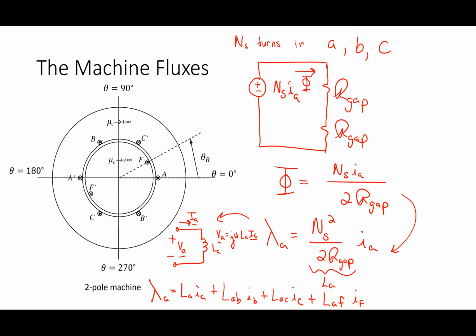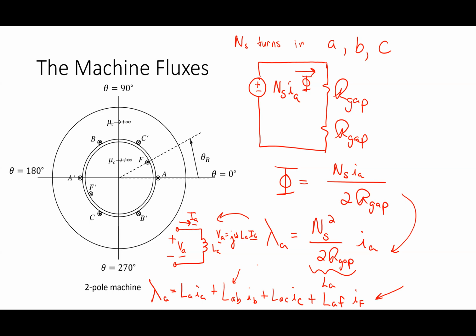That is my circuit model relationship if I don't have any mutual flux. But if I do have mutual flux, then I have this. And if I want to take this to a circuit relationship, then I've got to take the derivative of that whole thing. But before I do that, I want to touch on something we did the other day. I want to figure out what LAB, LAC, and LAF are.